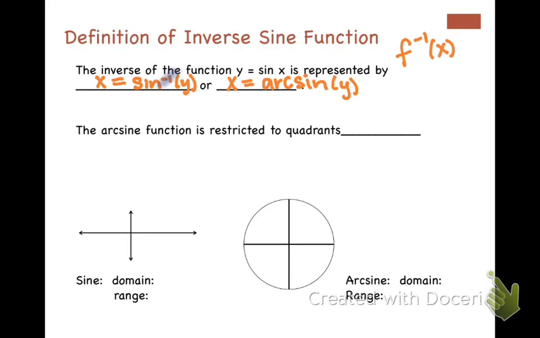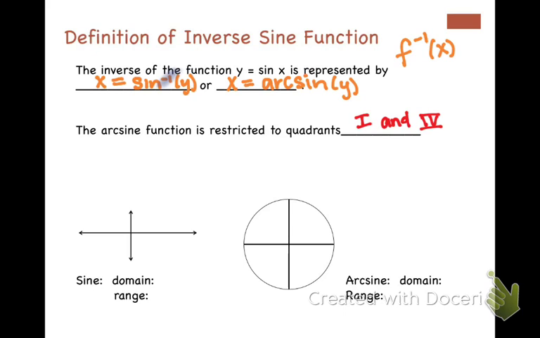So we were just talking about this on the other page. Arc sine is restricted to two quadrants. It's restricted to the first quadrant and the fourth quadrant because those angles need to be between -90 and +90.